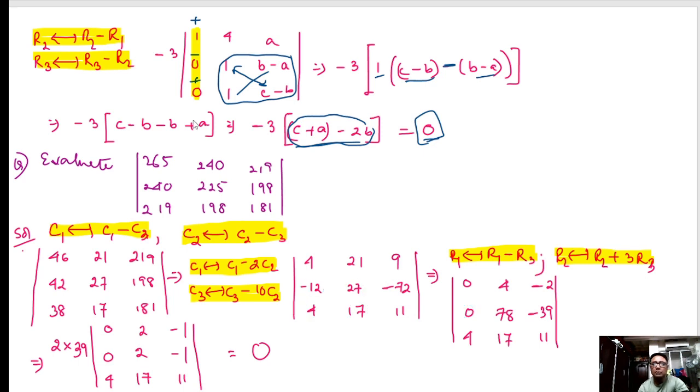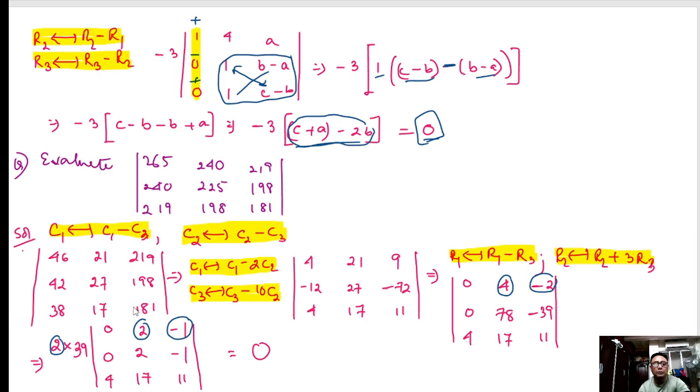Okay, so now you see, these are the facts from here. From 4 and minus 2, I can take a 2 common. So it becomes 2 and minus 1. Clear? And now what we will do is that we will expand it.